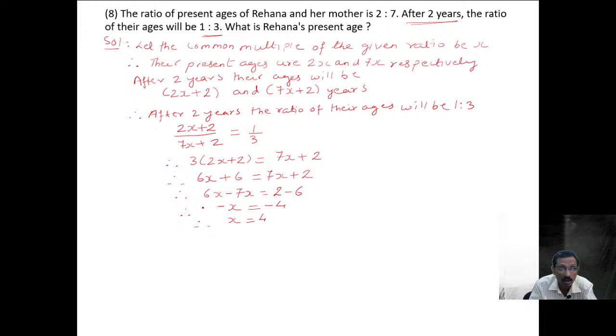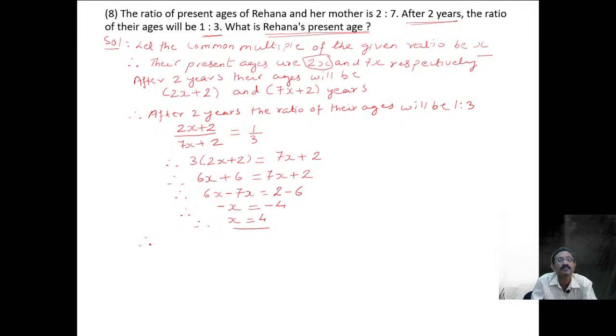Now we have got the common multiple x equal to 4. But what we have to find is Rehana's present age. What is Rehana's present age given to us? It is given as 2x.